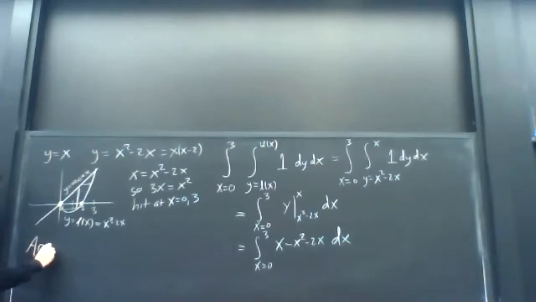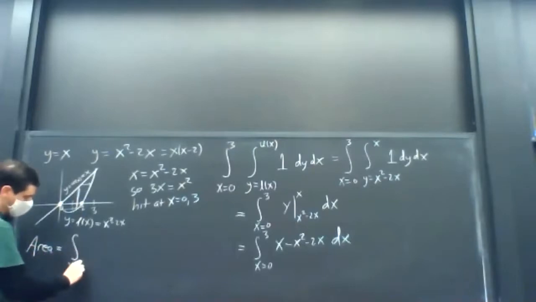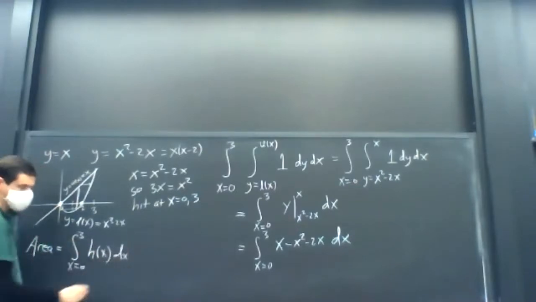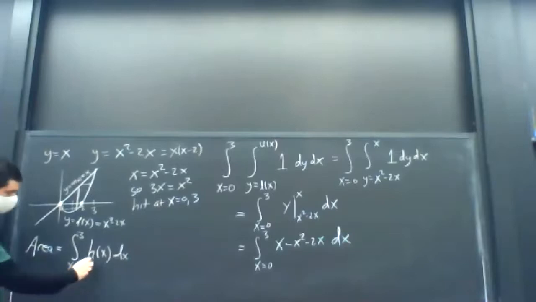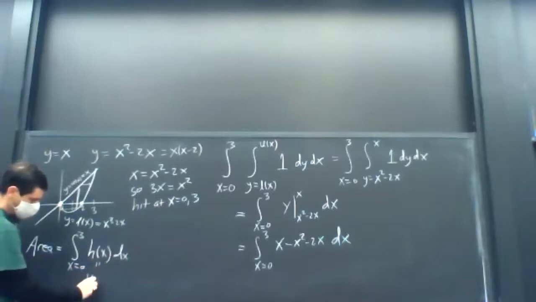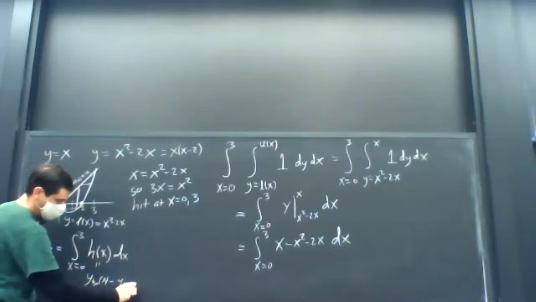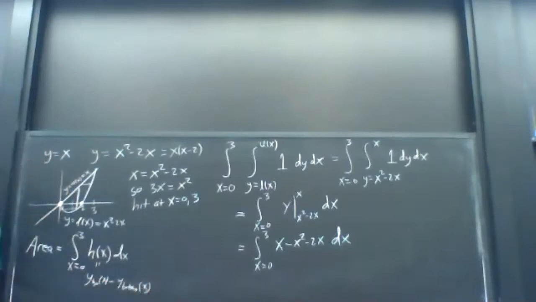I could say the area is the integral x goes from 0 to 3 of the height at x dx. And this height would be y top of x minus y bottom of x.